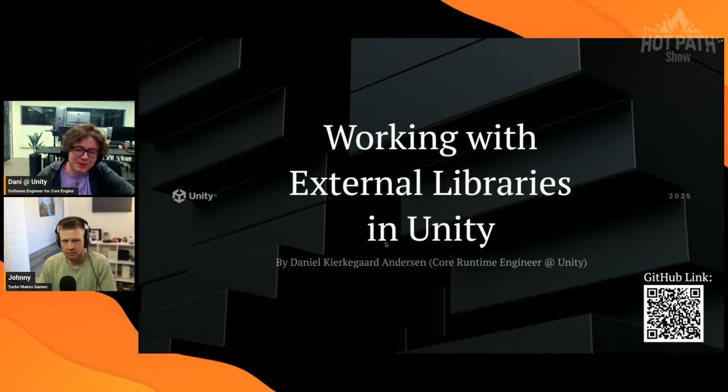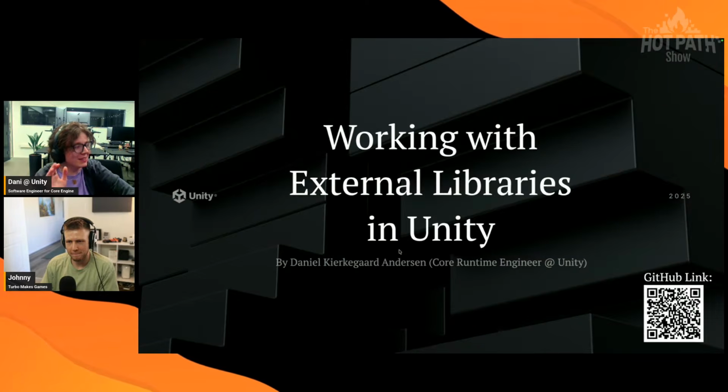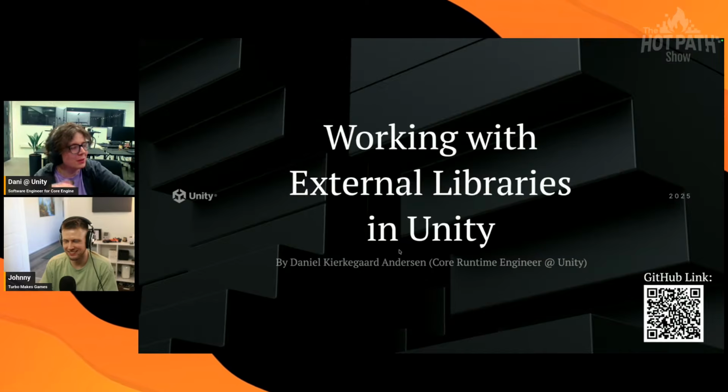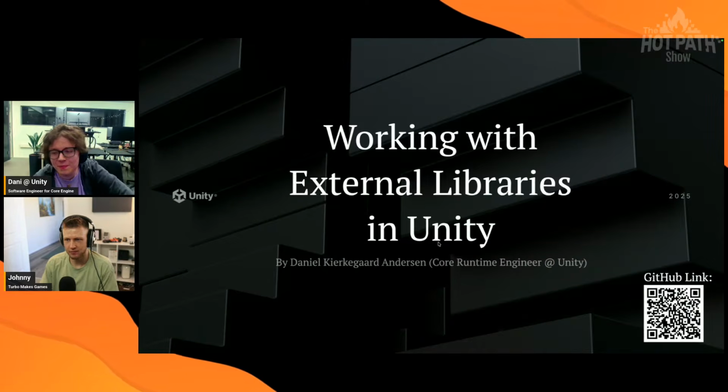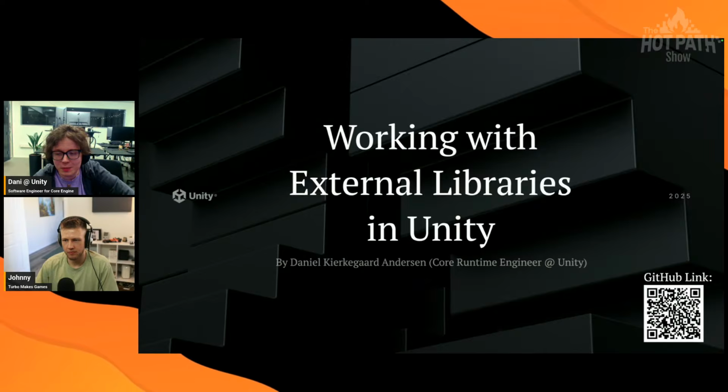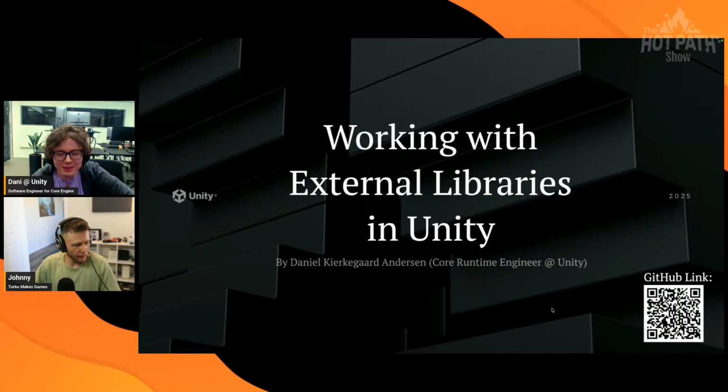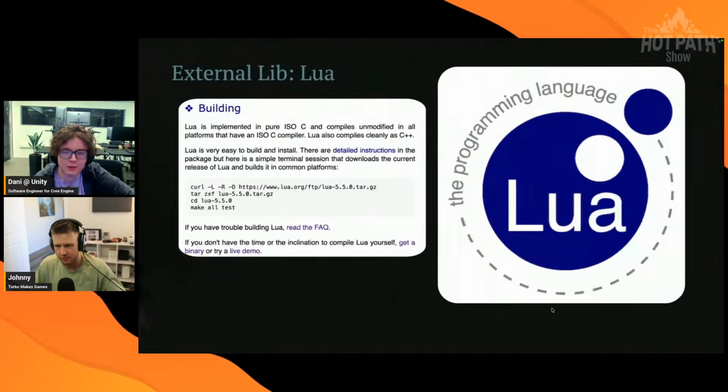So first and foremost, it has been 3 weeks, so I might learn about the presentation as we go, but hopefully I remember most of it. There's a little GitHub link here for a QR code. But yeah, working with external libraries.